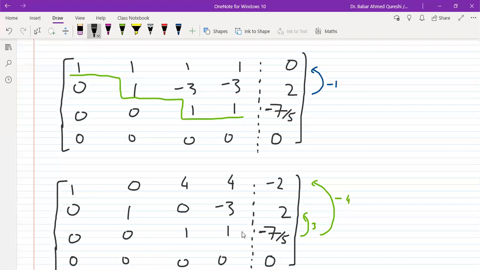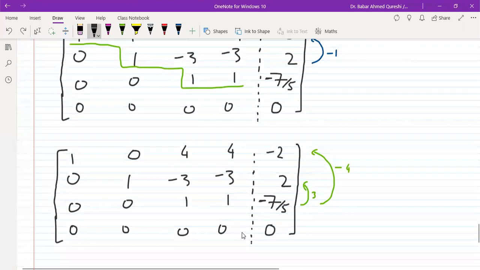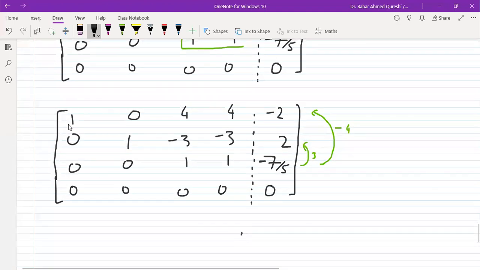Well, let me copy it because then we all get confused. So let's just quickly copy it.